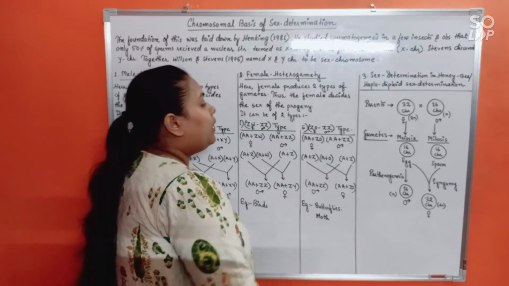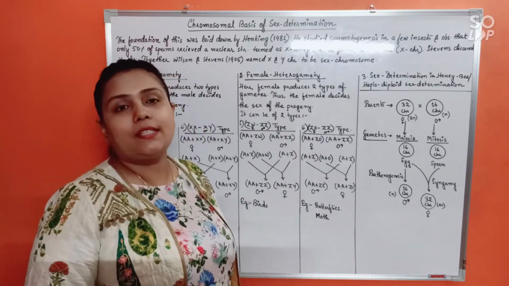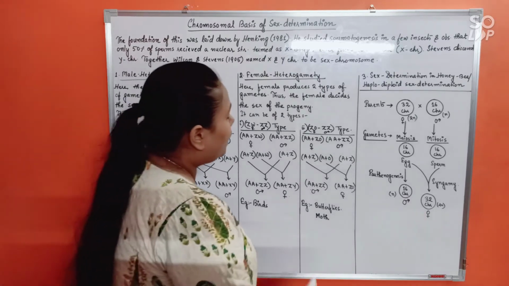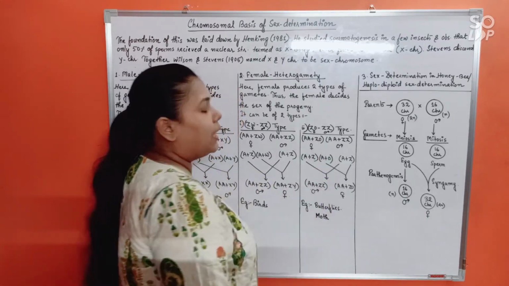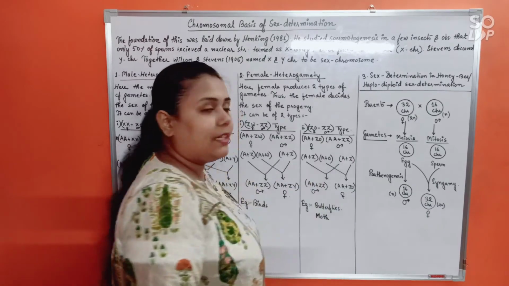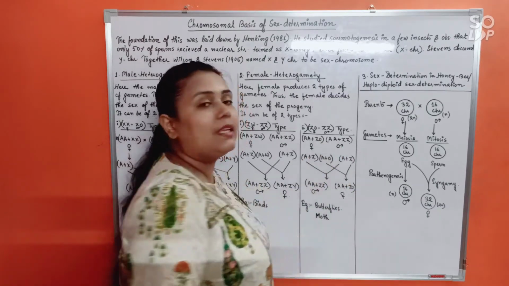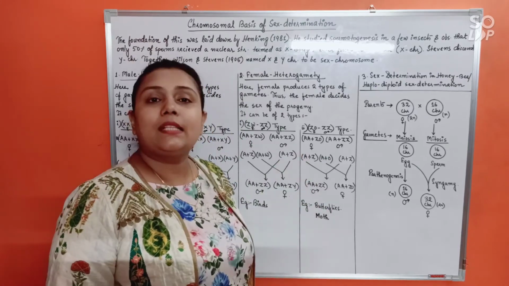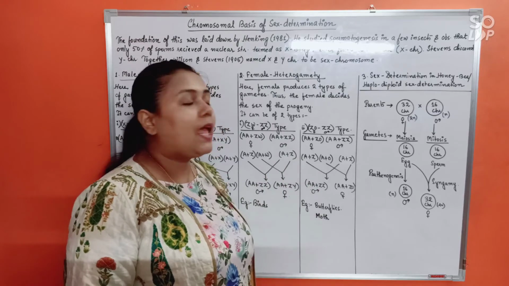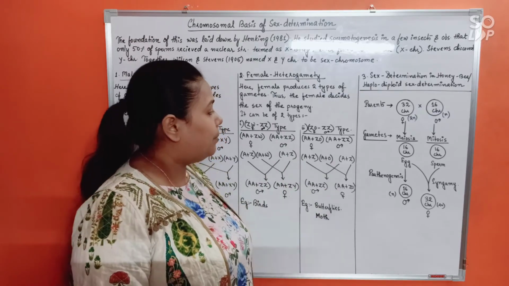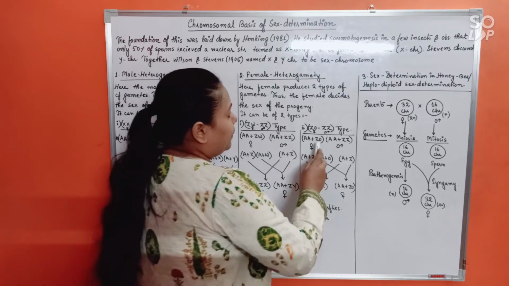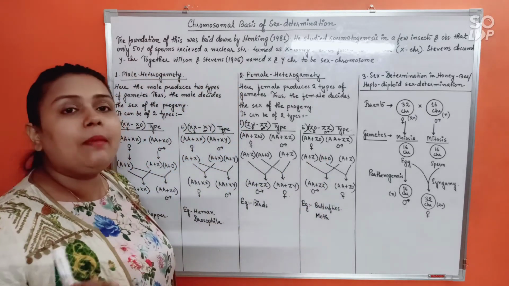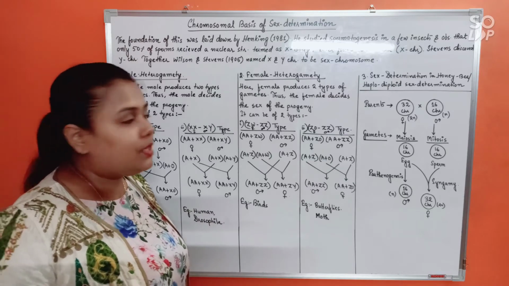Fine. Now the next one is ZO-ZZ type, which is exactly the opposite of XX-XO type. Alright. Now see here, the parental genotypes would be AA plus ZO for the female and AA plus ZZ for the male. Alright. Now see, the gametes produced by the female here will be A plus Z and A plus O, where O means 0.